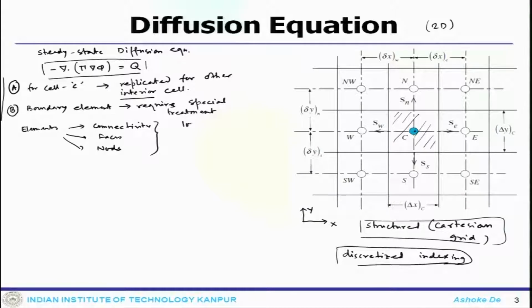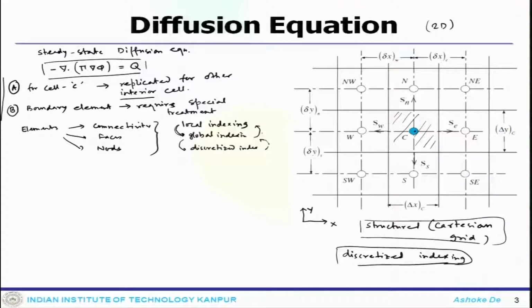One could be local system or local indexing, then the connectivity between local indexing to global indexing, and that can also feed back to local system, and then there would be a discretized system or discretized indexing, which will again lead back to global and global to local.